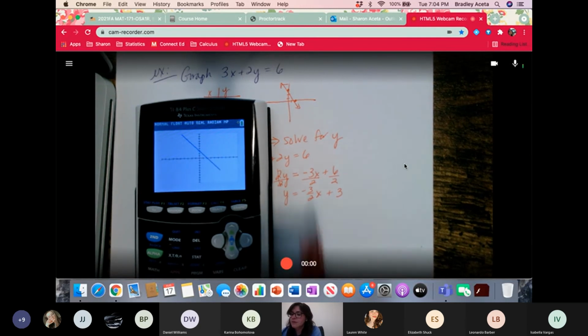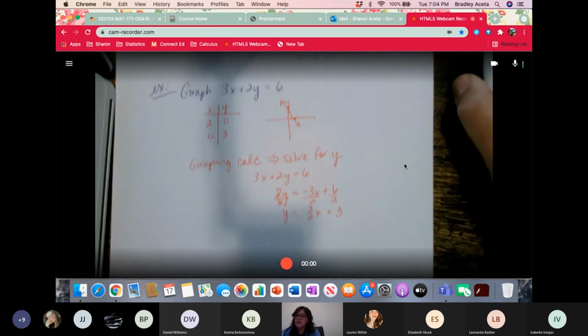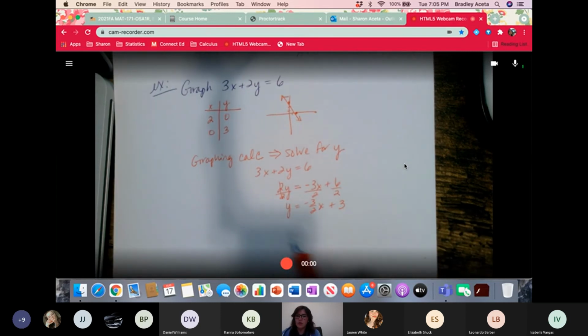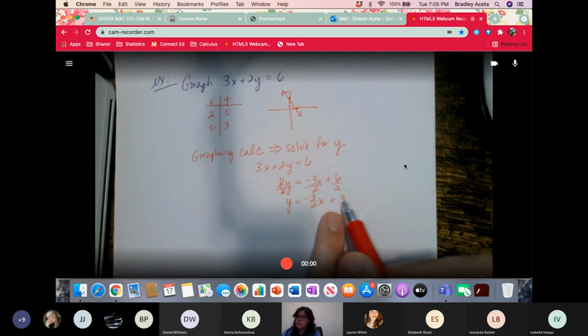And there you go. Looks exactly the same as you did up here. So this is just a different form. This is called your standard form. This one is obviously your slope intercept. You would start at the intercept of 3. Your slope would be down 3, right 2, down 3, right 2, like we were just doing in the other section.